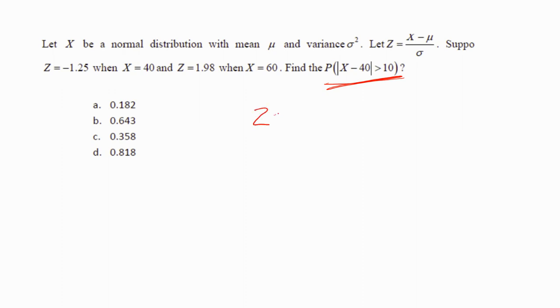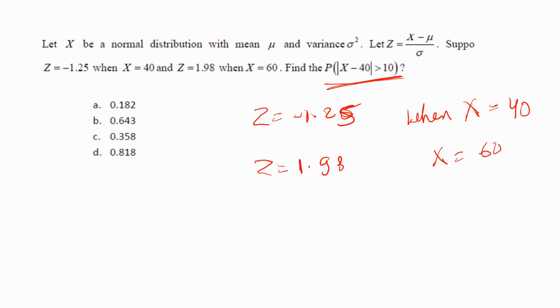What is given here is that z is minus 1.25 when x is equal to 40, and z is 1.98 when x is equal to 60.